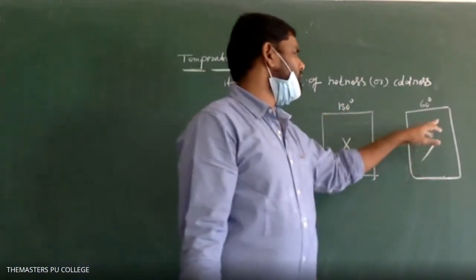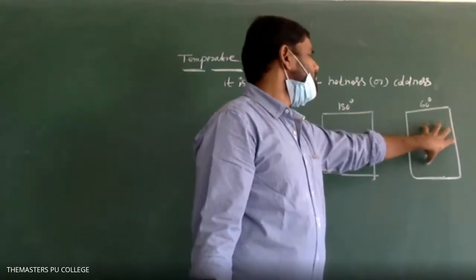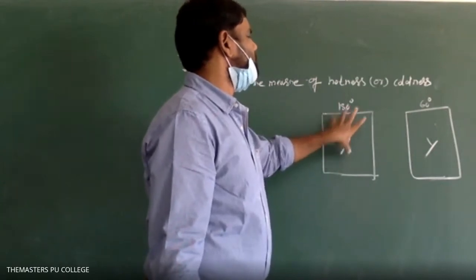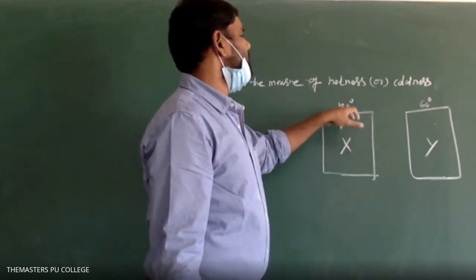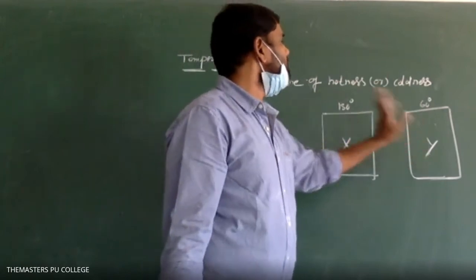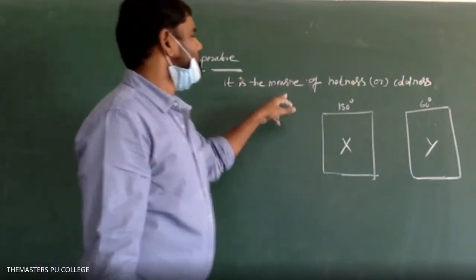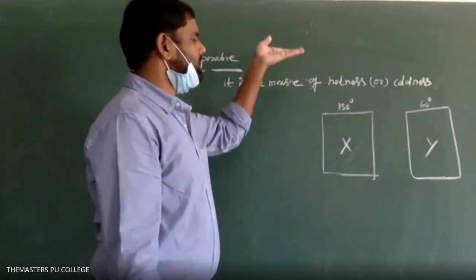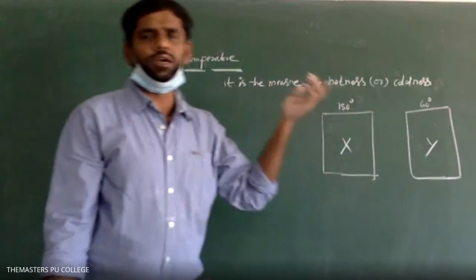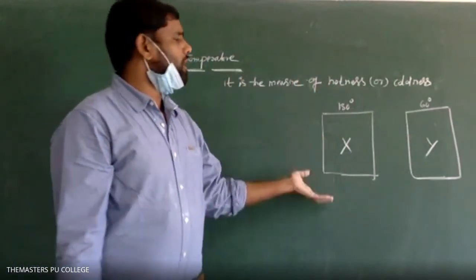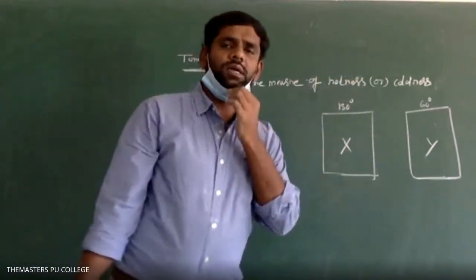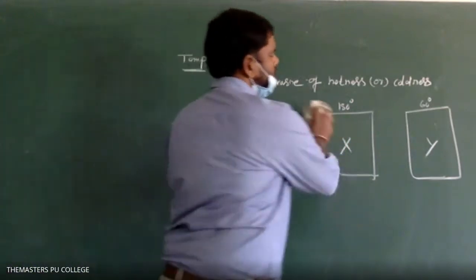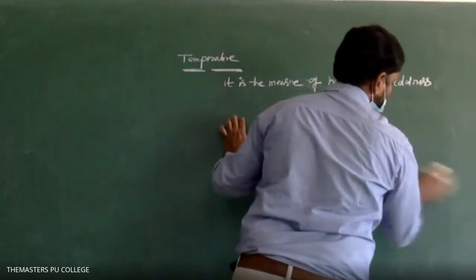Body Y can also transfer heat, but not similar to X. That's why temperature also represents the heat transfer ability of an object. If the object is at a higher temperature, its heat transferring ability is also more. If the object is at a lower temperature, its heat transferring ability is also less. This we can also write: heat transferring ability.